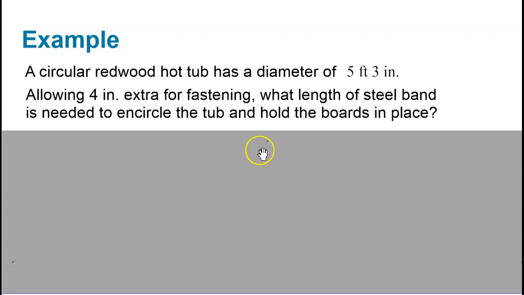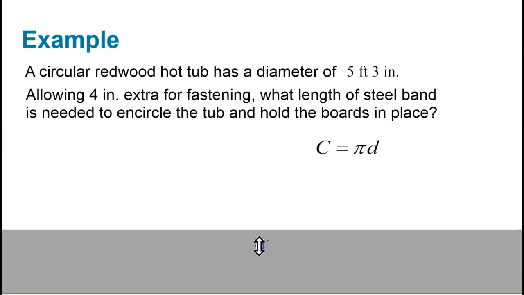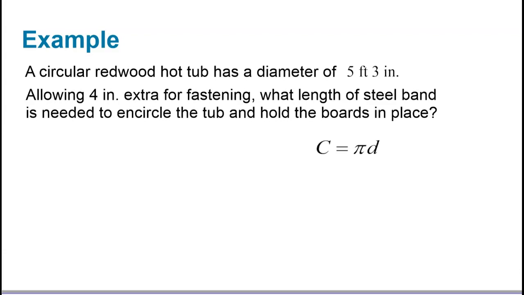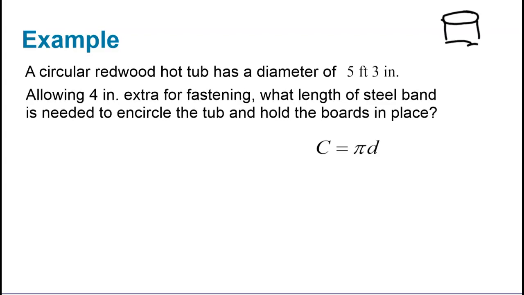Okay, so knowing the formula that we're looking for the circumference, right? Because here's our hot tub, and we're going for a steel band around the hot tub, so it's going to go all the way around, so we want the circumference of that. We'll substitute in here.